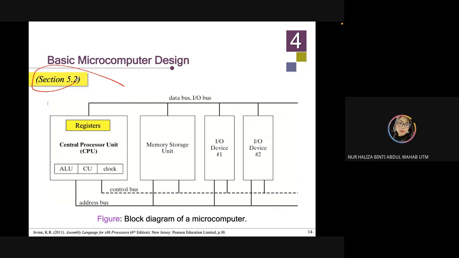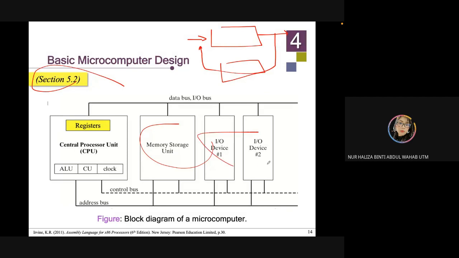Of course, last time you saw you need to have the input, you need to have the processor, and then you have the output. In between, you need to have also the storage. So here there is a storage, your input output device, your CPU, and you need to have the interconnection between each other using your buses.